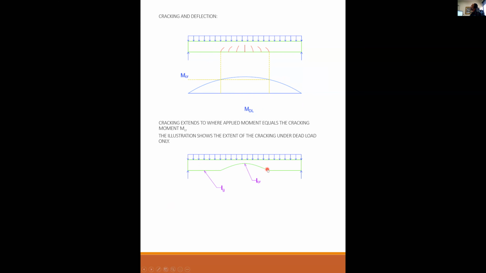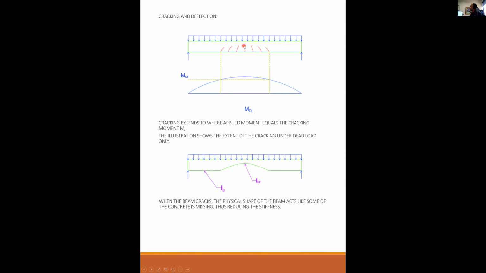And now this illustration, this is not literal, but what it illustrates is kind of how the beam reacts to the load and to the cracking. From the end to this point here, and from this point here to the other end, the beam is uncracked, so you have basically the full gross section of the beam.